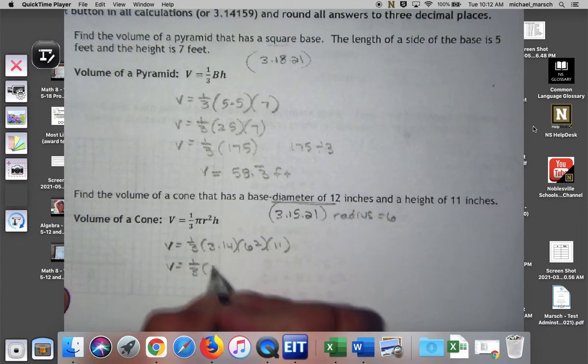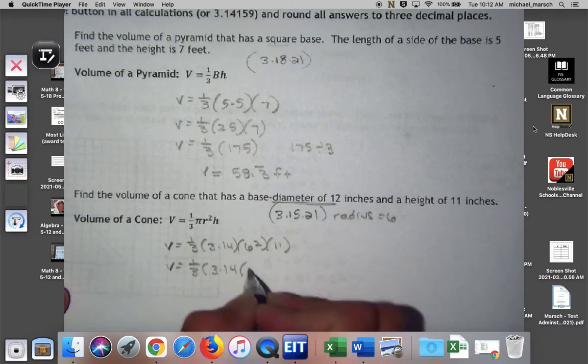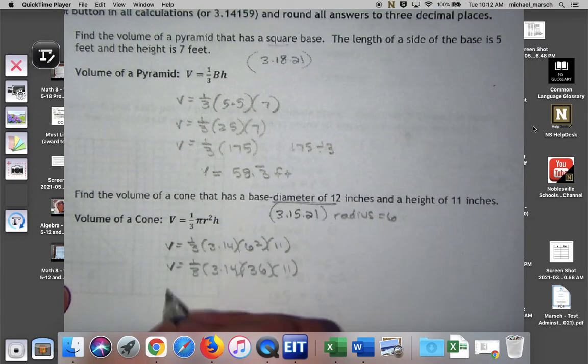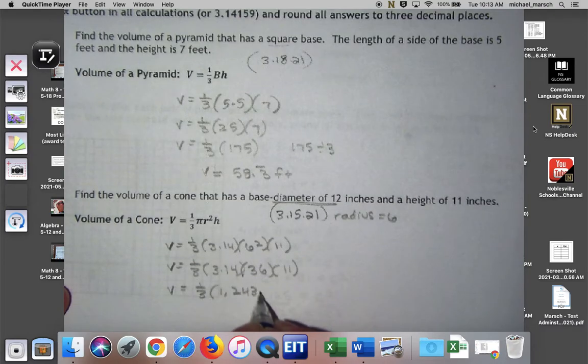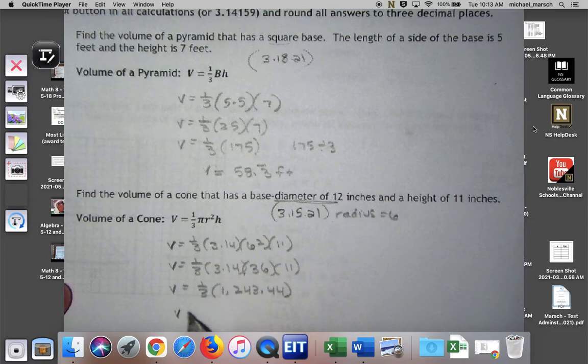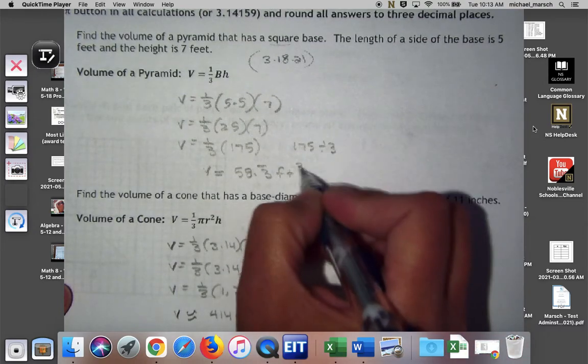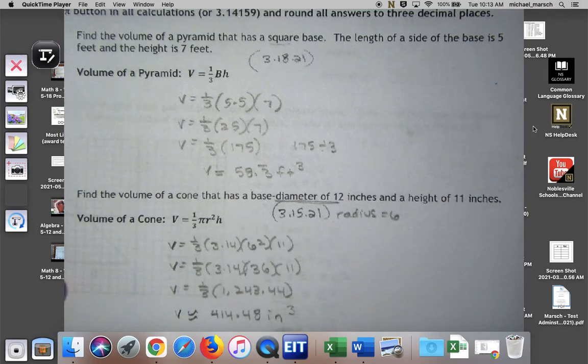Volume equals 1/3 of pi times 36 times 11. Volume equals 1/3 of 1,243.44. I take that and divide it by 3. Volume is about 414.48 inches cubed. Oops, I forgot to put cubed up here for my pyramid. Inches cubed, feet cubed.